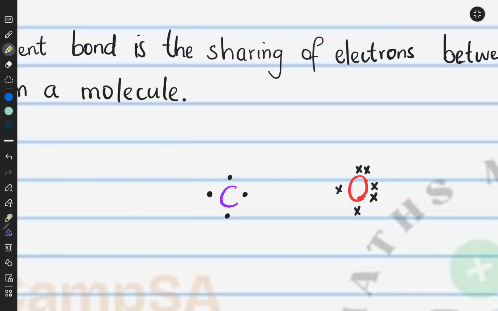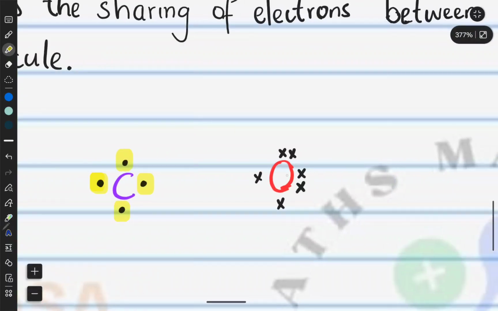So what that means is, since carbon only has 1, 2, 3, and 4, it needs 4 more electrons so that its outer shell can have 8. Currently, its outer shell only has 4. All right, so coming to oxygen now. Oxygen has 6, which means it needs 2 more so that it has 8.